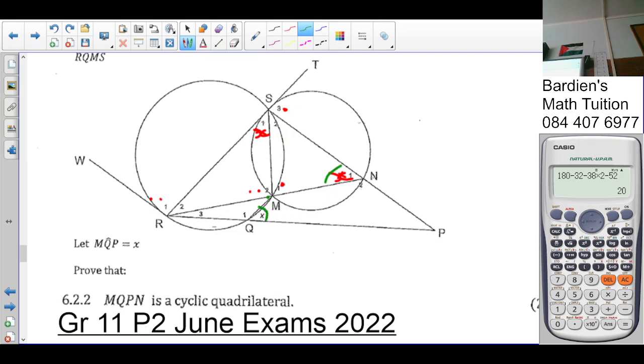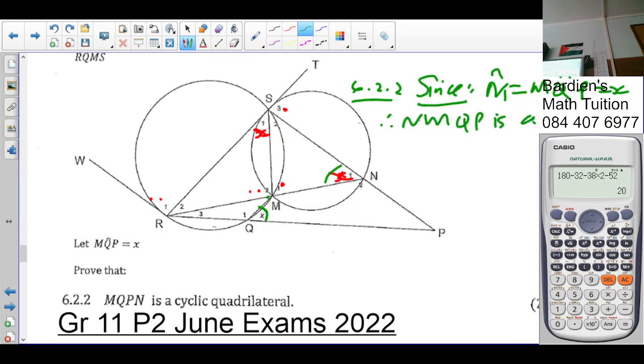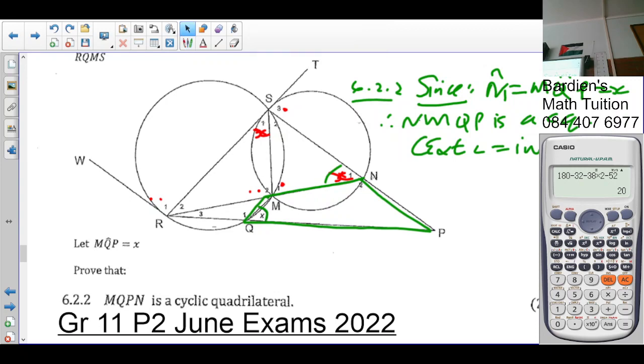So we say, since N1 is equal to MQP, which is equal to x, therefore NMQP is a cyclic quad. Why? The exterior angle equals the interior opposite. So all cyclic properties are evident here.